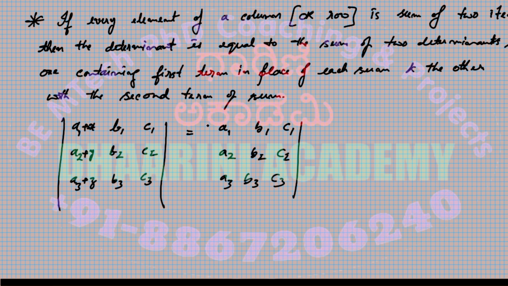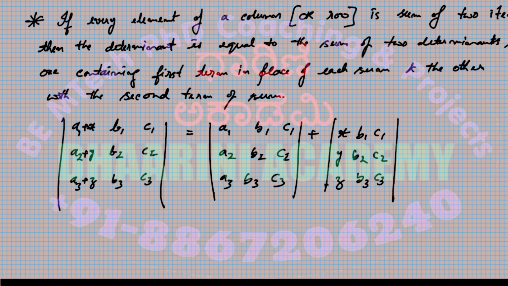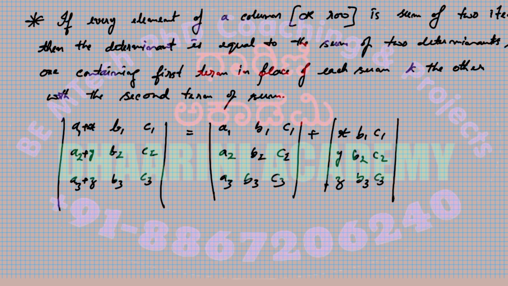This is the first determinant. Plus the second part, that is x b1 c1, y b2 c2, z b3 c3. We can see that the second column and the third column of both the determinants remain the same.